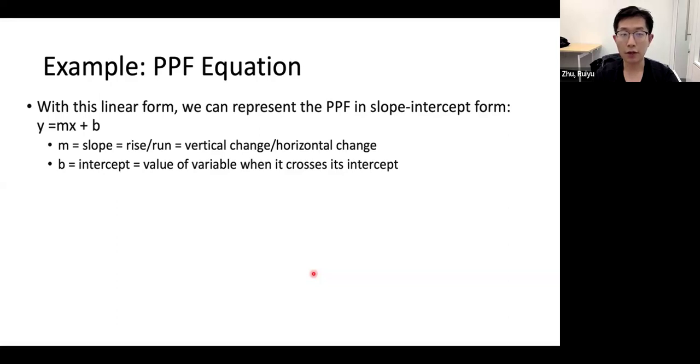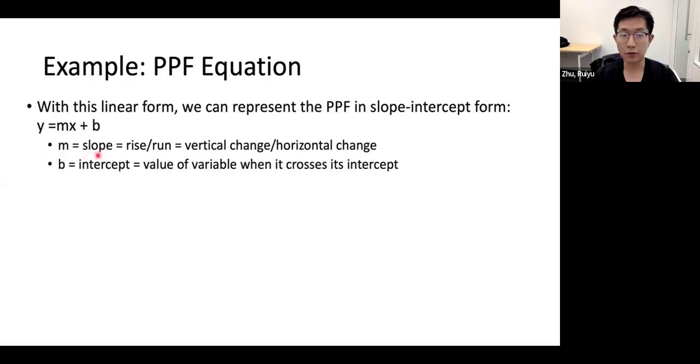For a straight line, we have a very simple mathematical expression. If you remember, we can represent it in the slope-intercept form, which is y equals mx plus b. Here, m is the slope of our straight line.